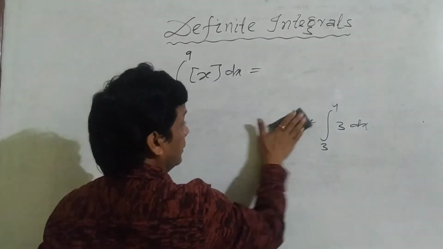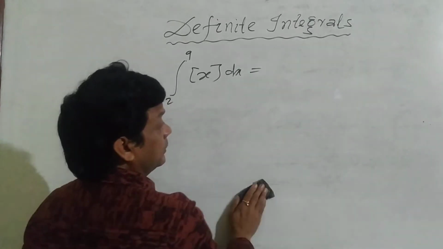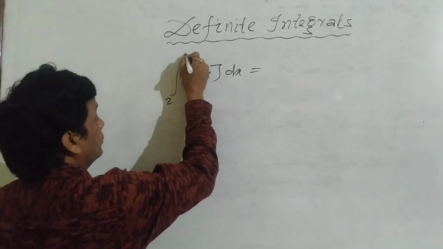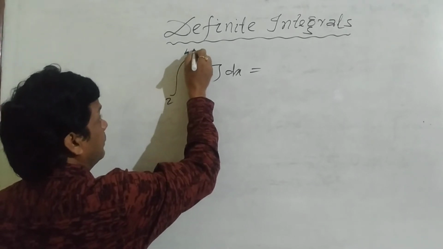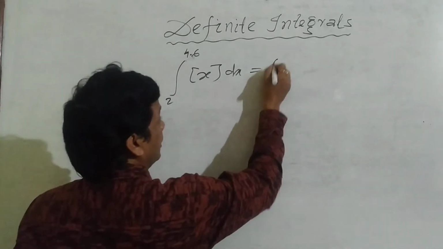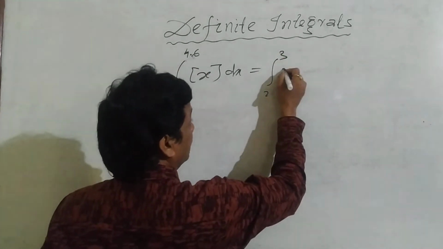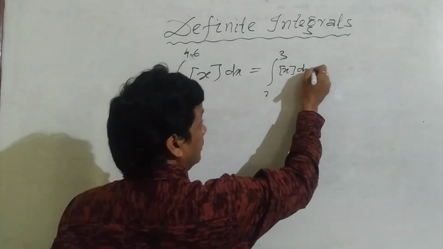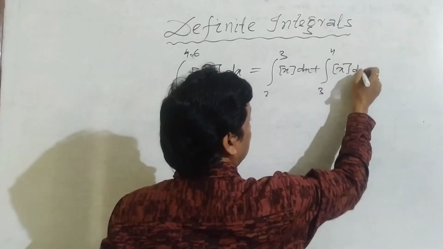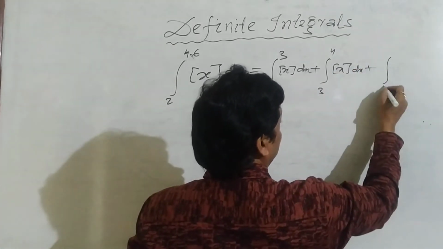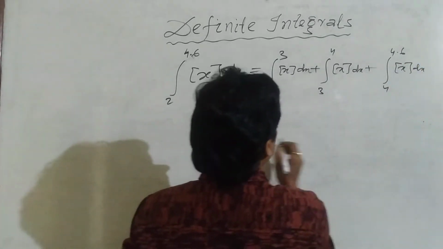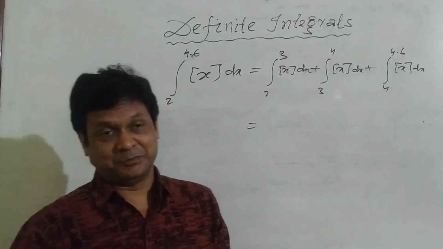And now if both are not integers, that means if I take 4.5 or 4.6, that means from 2 to 3 bracket x dx, then 3 to 4 bracket x dx, then from 4 to 4.6 bracket x dx, and apply the definition simply.